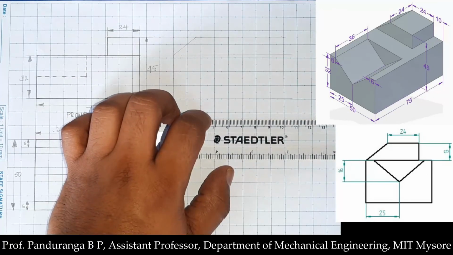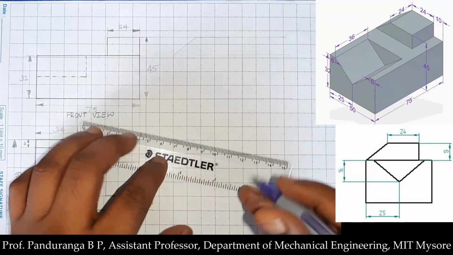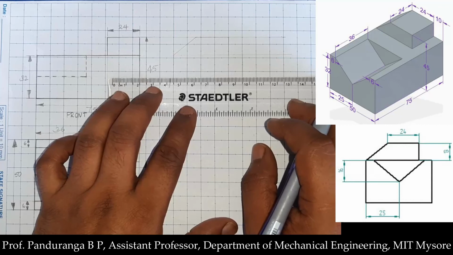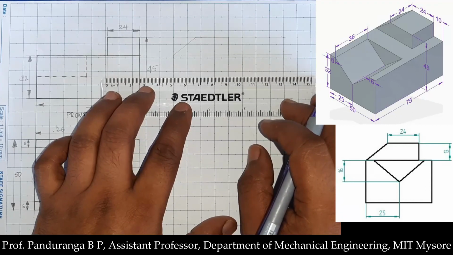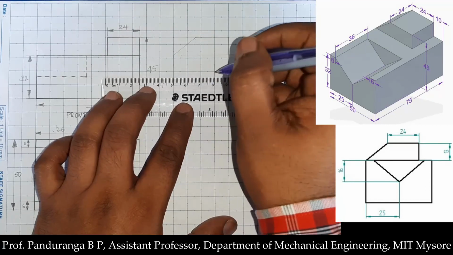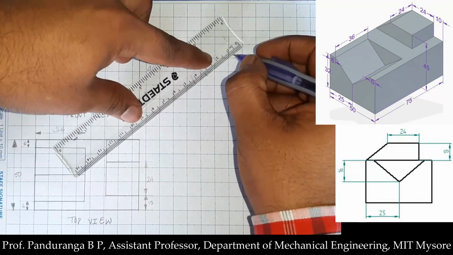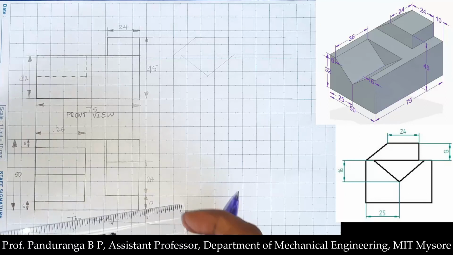Once we are done with this, now I need to find the apex. I know that the apex is at the center, so I'll measure 25 millimeter on this line. Now I'll join this. Now we have created the V channel.